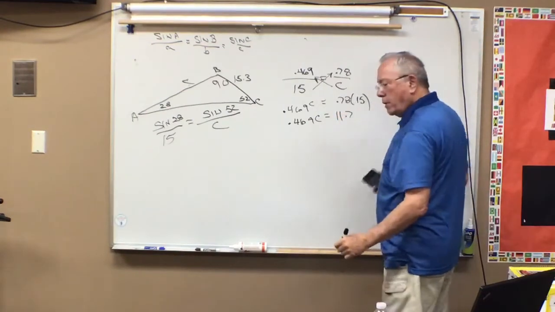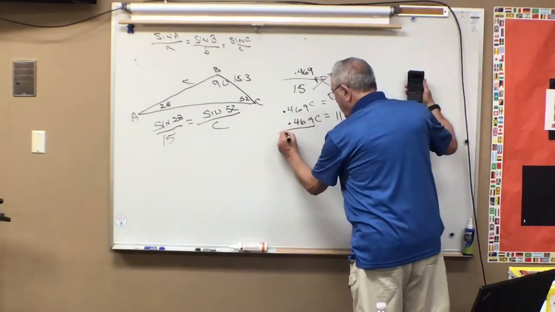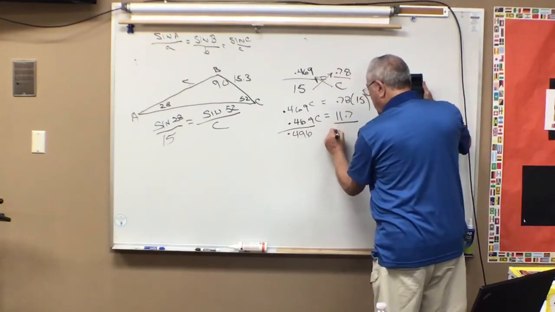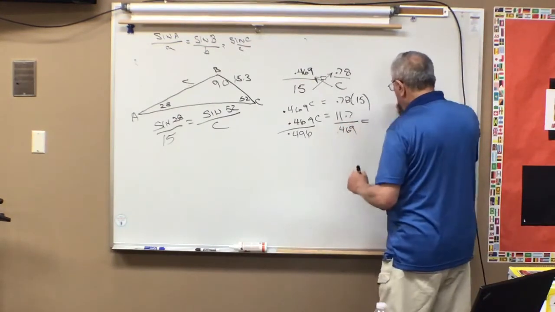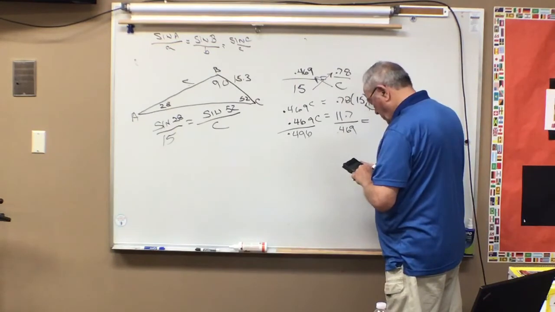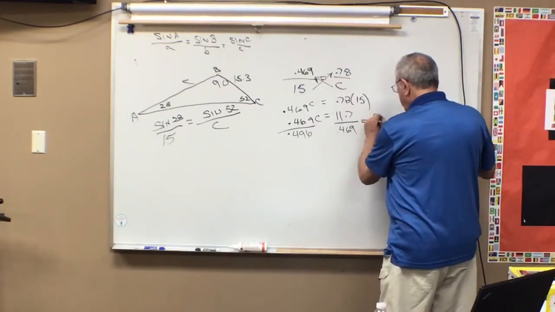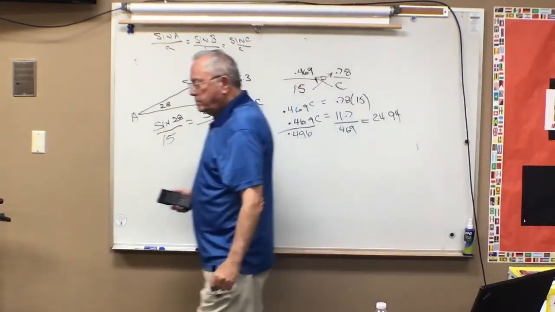All right, so now what we do now, I have to divide both sides by 0.469. Divide this by 0.469, and that's going to be 24.94. That's how long C is.